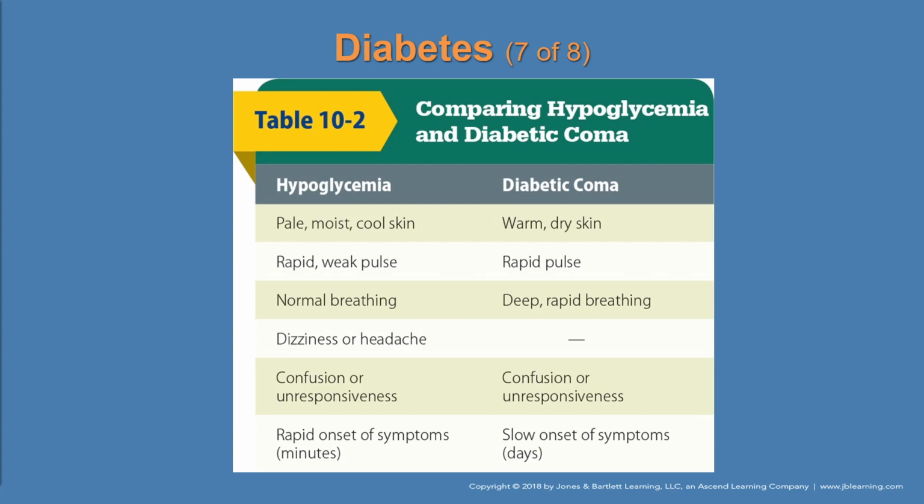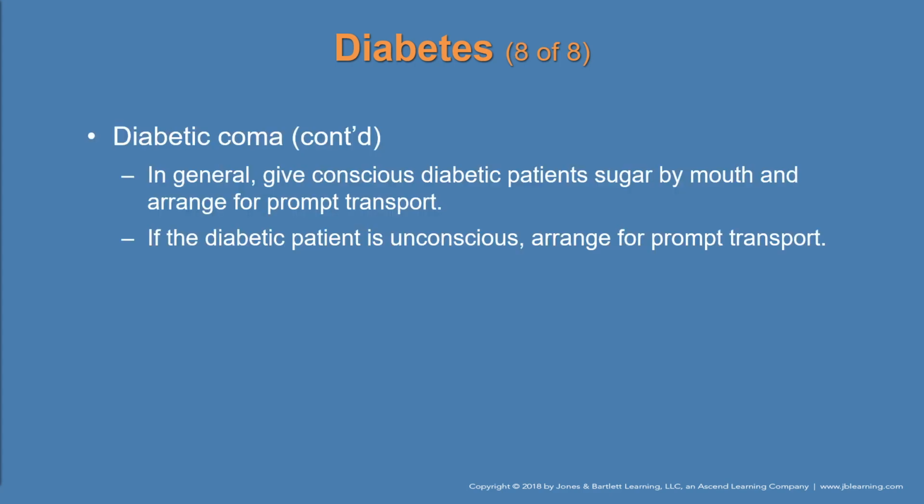And the important thing is, do you have a diagnosis of diabetes? Do you take insulin? Have you eaten anything today, right? Through those questions, we can get a pretty good idea of what's going on and what we should do. So again, regardless of what's going on, we're going to administer something that contains sugar as long as they can maintain their own airway.